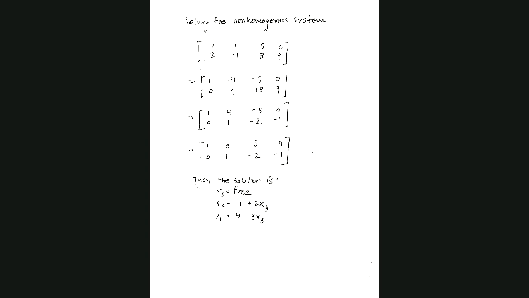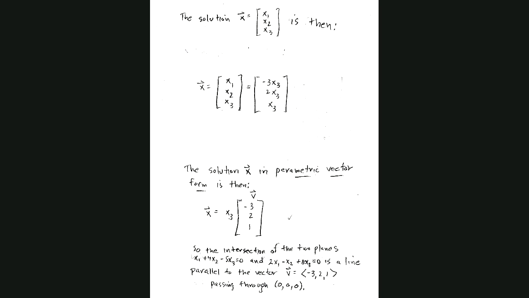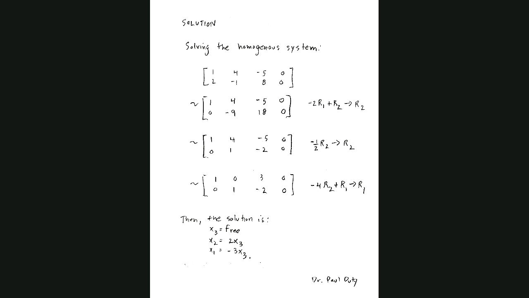Let me just make sure we're good here. I was on the wrong side, sorry. This here was Ax, thank you, equals 0. That was what this system represented as a matrix equation, the homogeneous system.